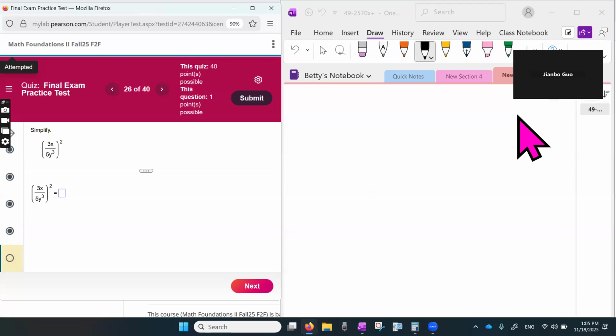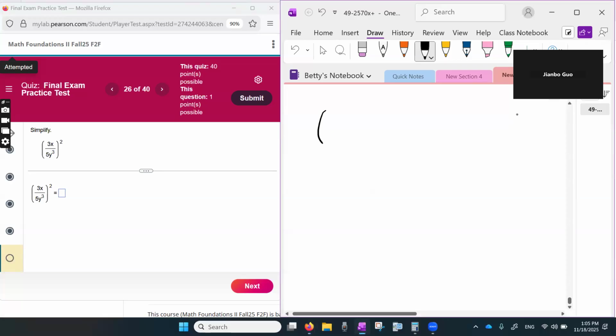This one is a bit more complicated. You might use multiple formulas. Let me copy it. I have 3x over 5y cubed, squared. I see a power of quotient. Power of quotient equals quotient of powers.